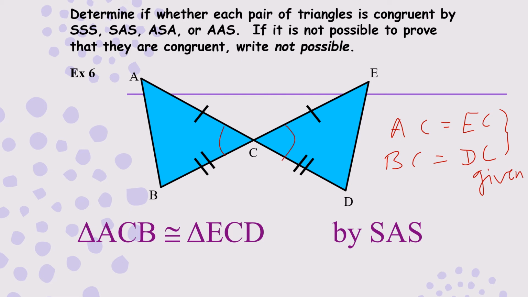When two lines intersect, their vertical opposite angles are equal. So angle ACB is equal to angle ECD. So here triangle ACB is congruent to triangle ECD by SAS congruence condition.